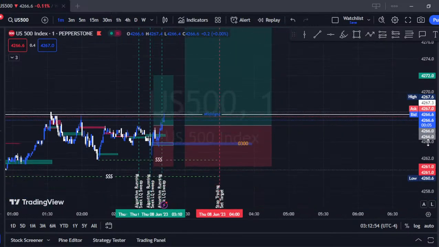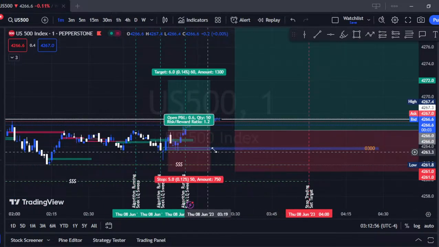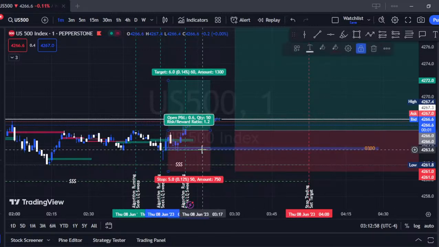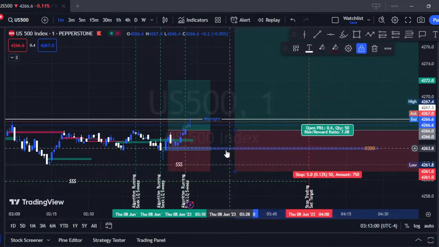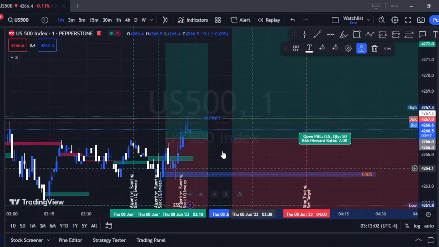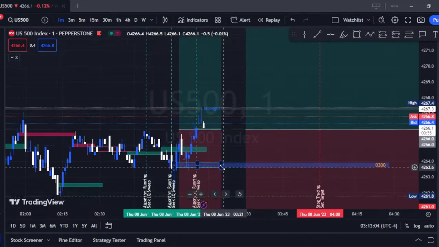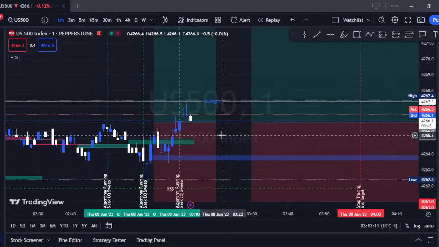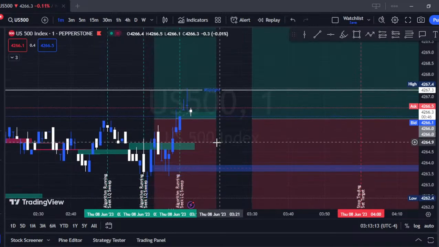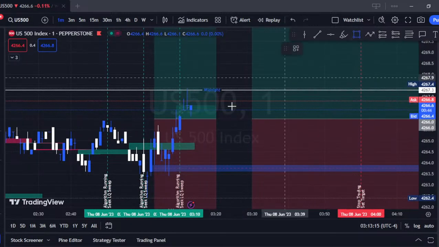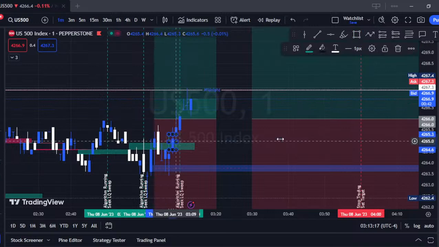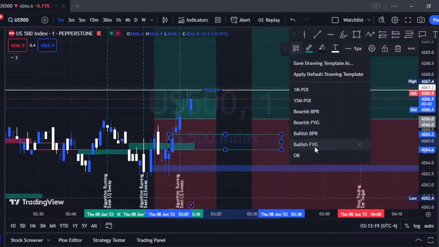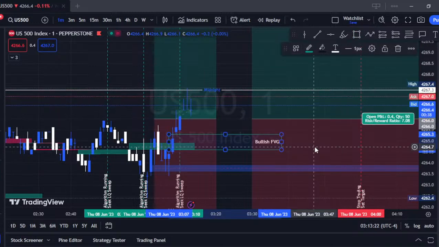And also the first FVG that forms here is this blue rectangle, which means the bullish FVG. Or if you want to do the safer entry, you can limit your order here at this fair value gap on 42.65.